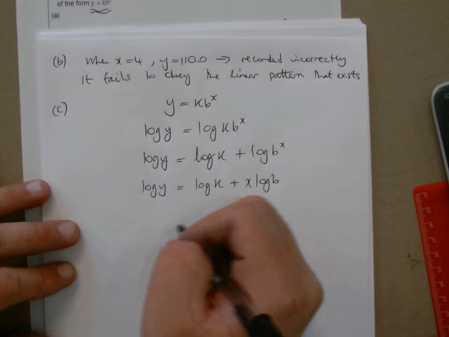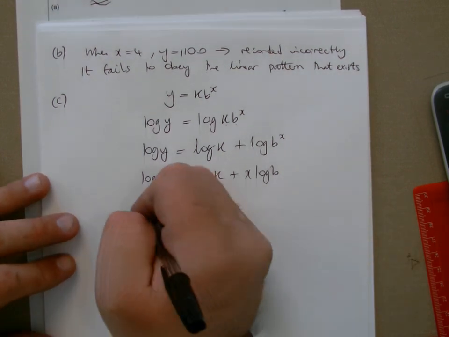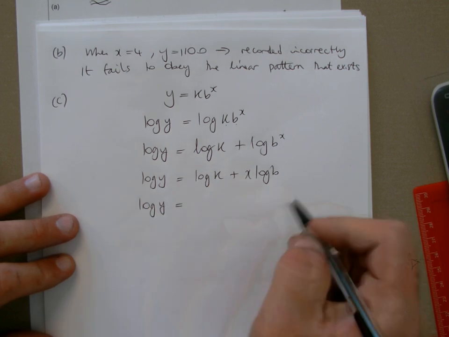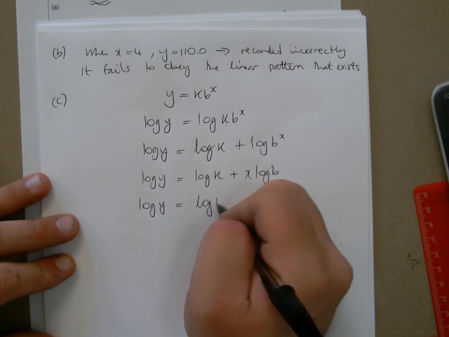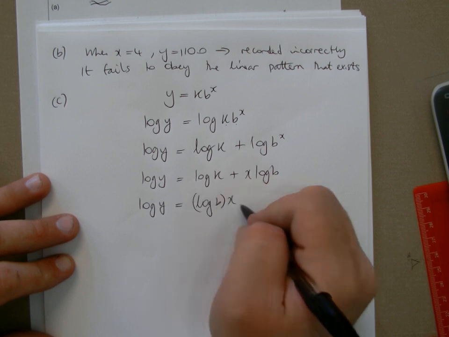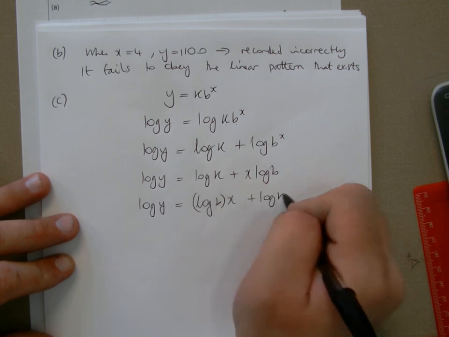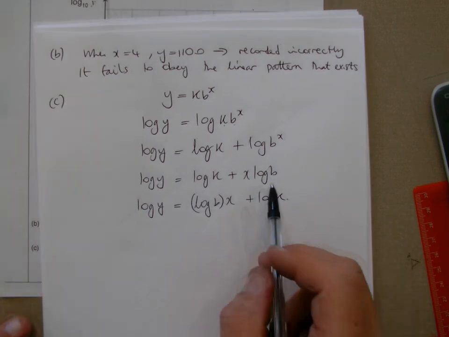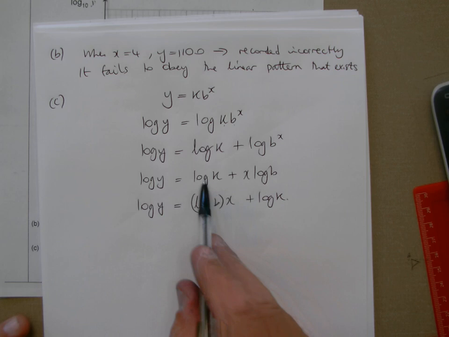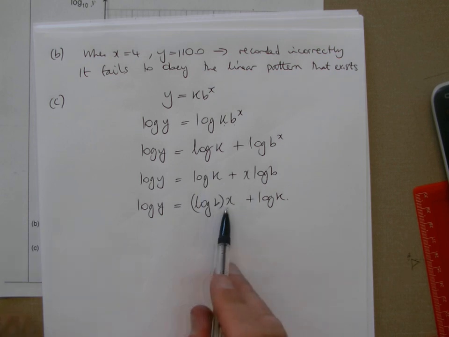The other thing I'm going to do is write this at the start. I'm going to write log b in a bracket, x, plus then log k. You'll see why I've done that in a minute. Swap them around and put the log b at the front there.